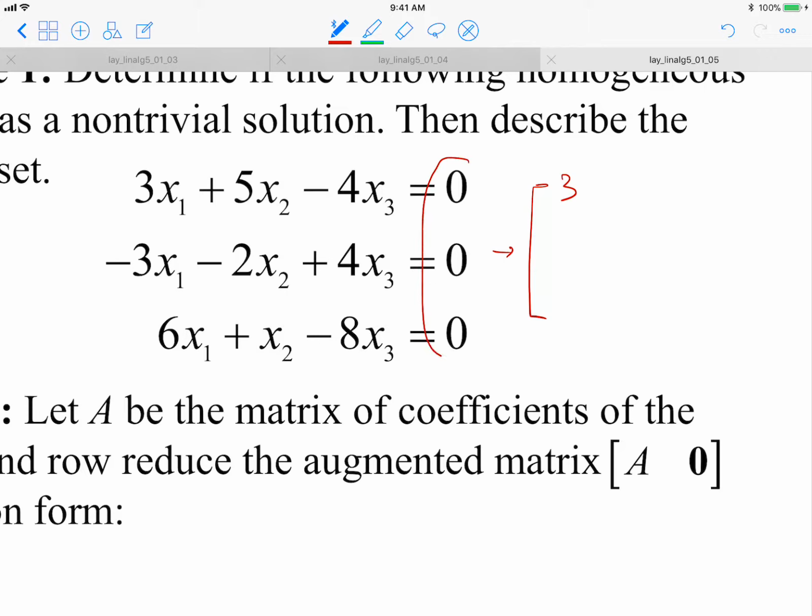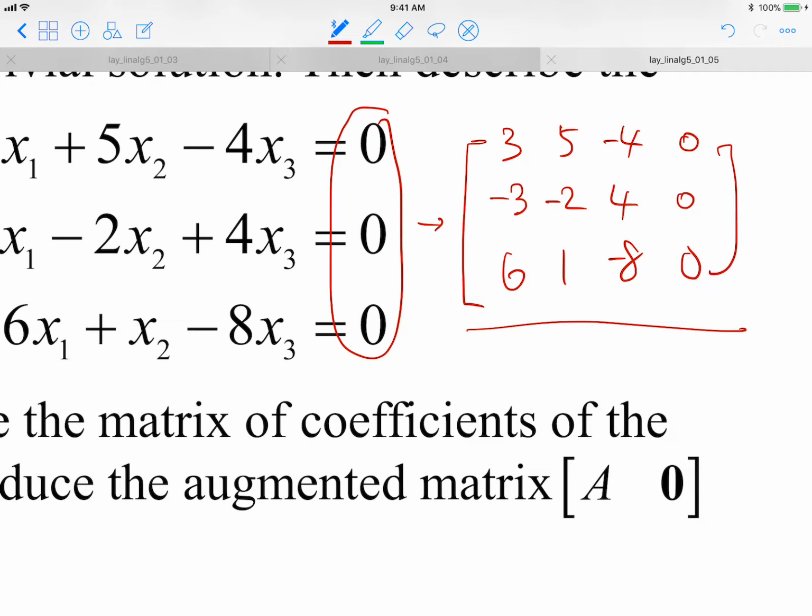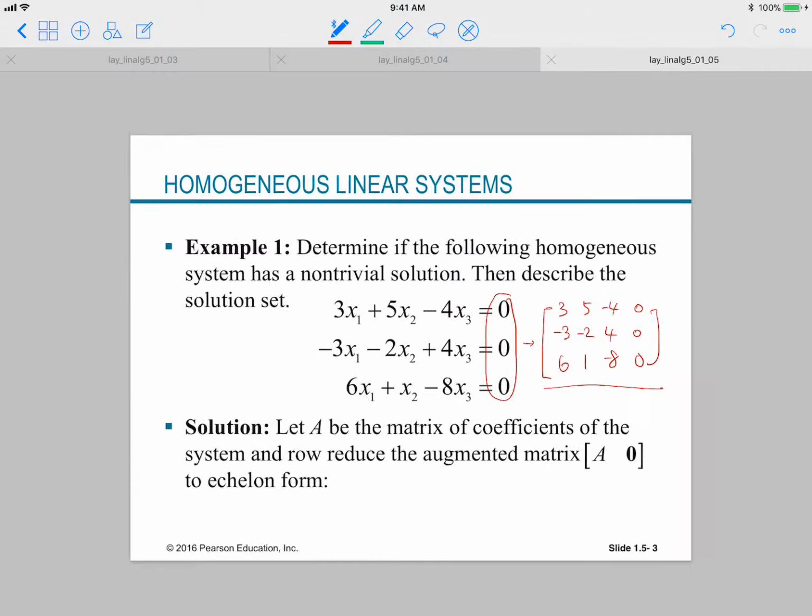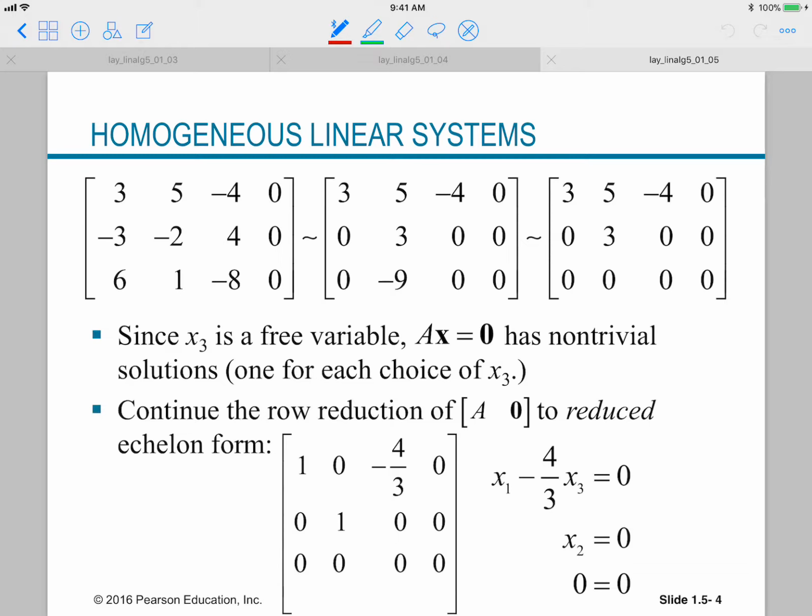It is a kind of special linear system where we have all zeros in the B values, so this one will be our augmented matrix, right? And then let's try to do the row reduction, okay?